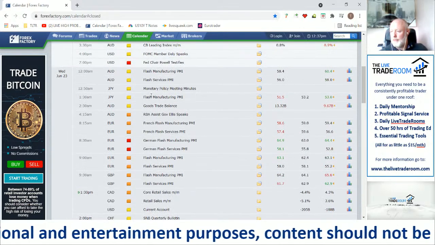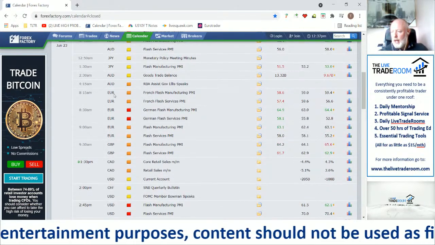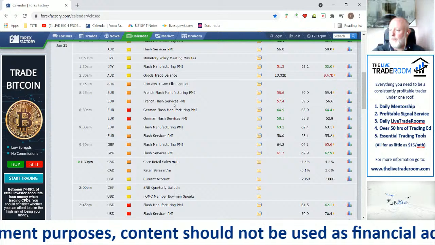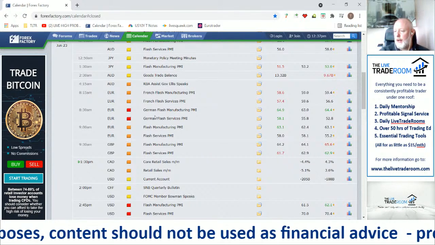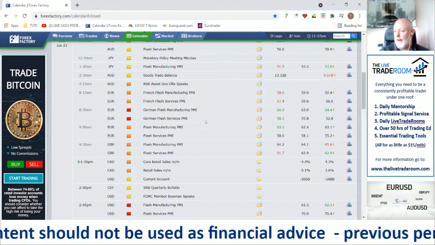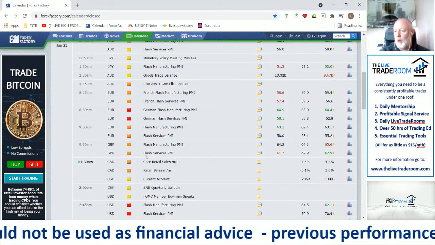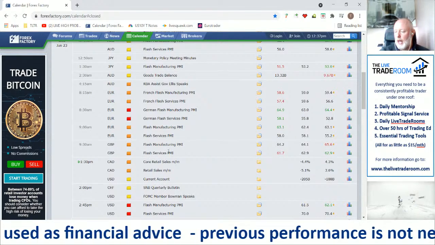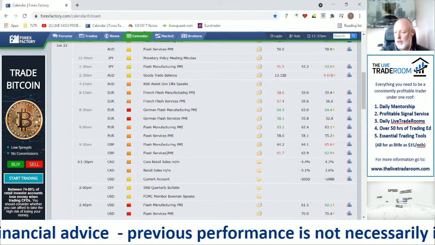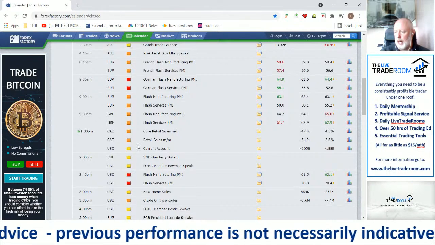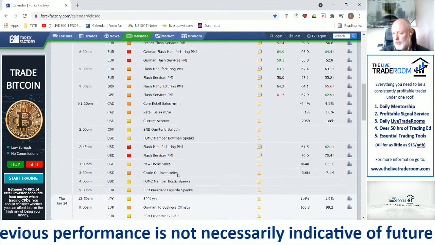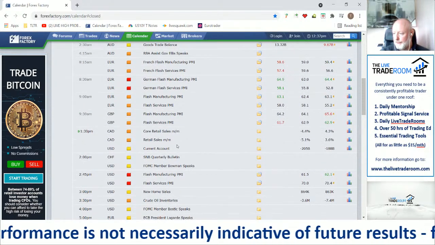So we're talking about French manufacturing, French flash services, German manufacturing and services, also EU-wide, and UK manufacturing and the services industry. And I think we're closing off with the US at 2:45.